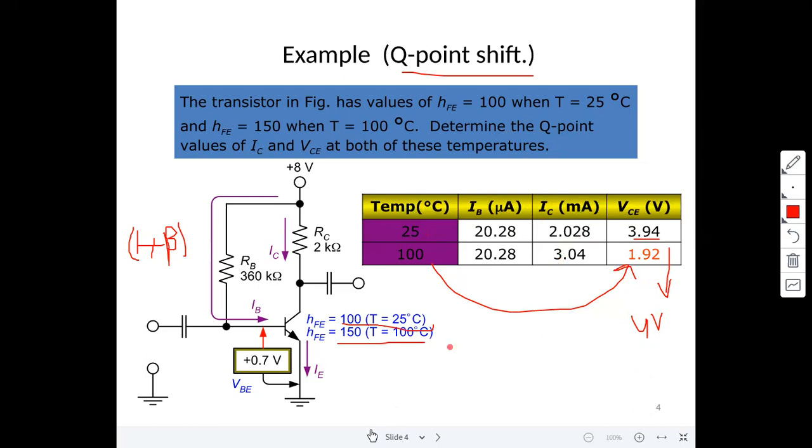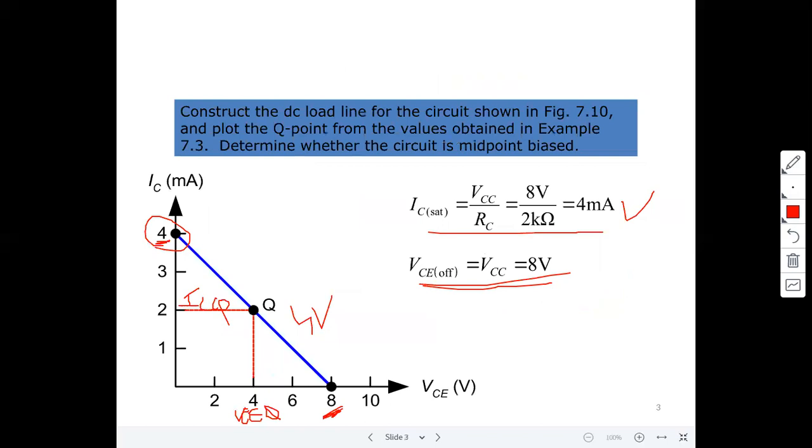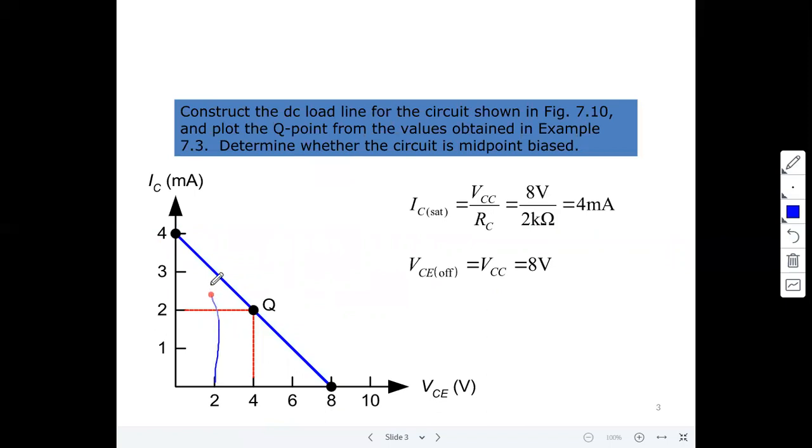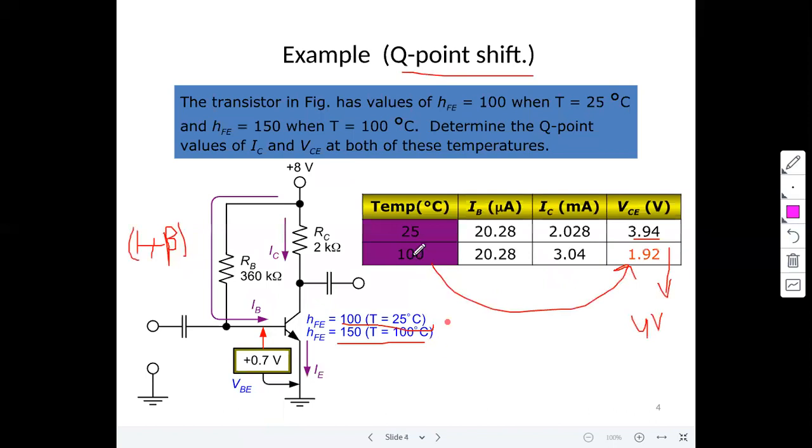3 milliamperes. Now the operating point shifted, maybe like this. So now this is the operating point. The operating point shifted towards the saturation point as temperature increases from 25 to 100 degrees.